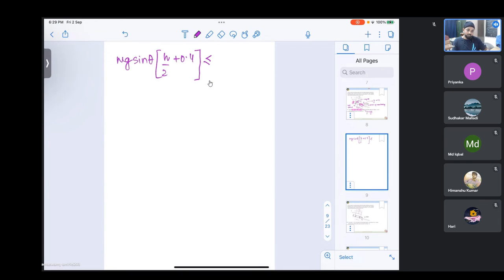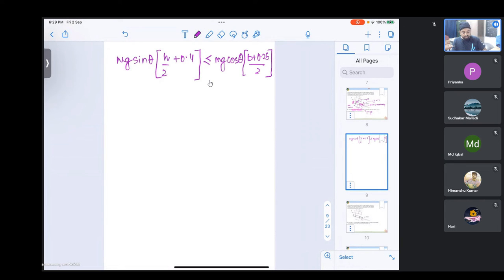This has to be less because this is the overturning moment. This is what is causing it to go into an unstable state, and the restoring moment is offered by the cos component of the weight. As long as the overturning moment is less than the restoring moment, we are safe. So we are looking at the limiting condition here. This has to be less than mg cos theta into, we saw it is, b plus 0.25 by 2.